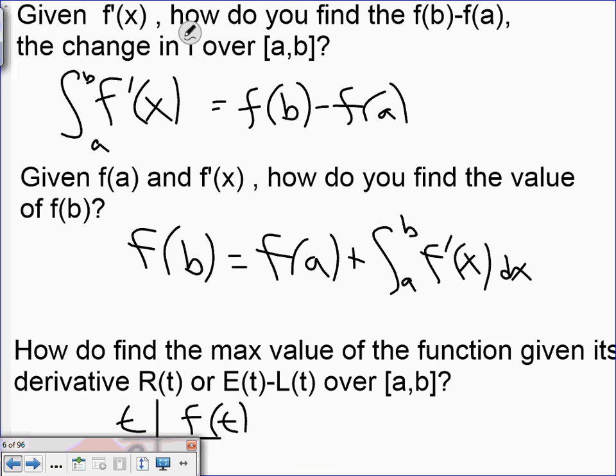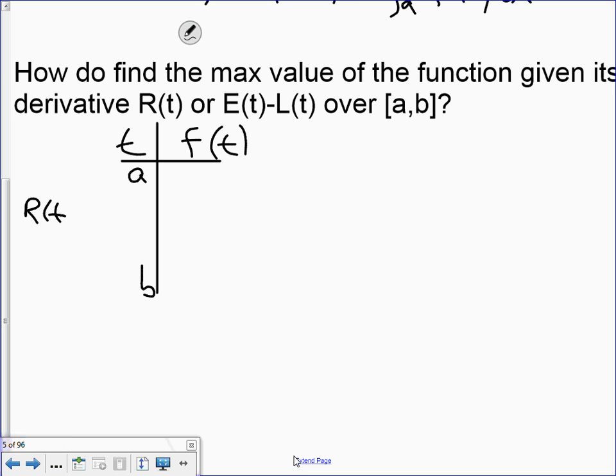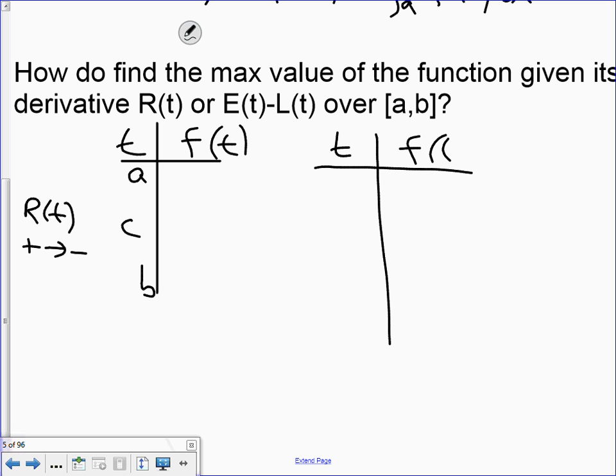So this one, if I want to know where the function has a max, it would be at an endpoint or where its derivative, r of t, goes from positive to negative. And then you can compare values. Now, I got to draw both situations again.